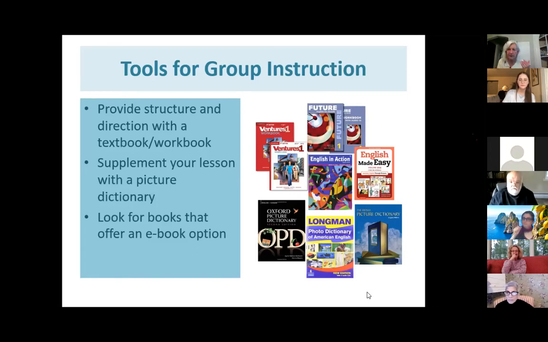Some of you are maybe developing your own material. If your program doesn't provide you with books, you may want to consider getting yourself one, just to provide that structure to your lessons. And you can purchase a new copy of most books for about $25 and get a used copy for even less.